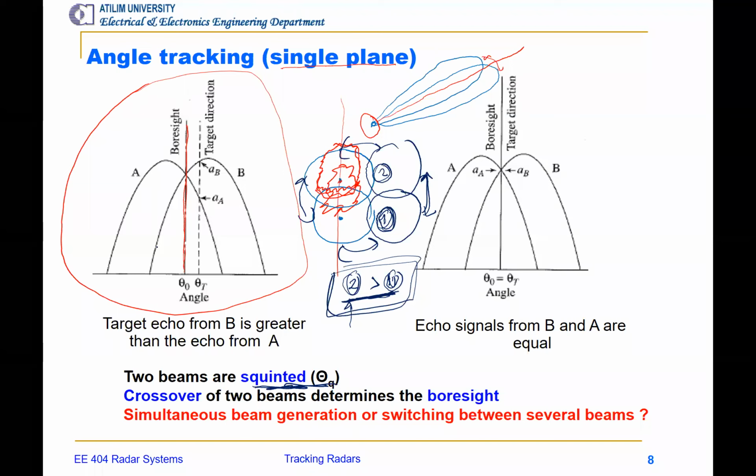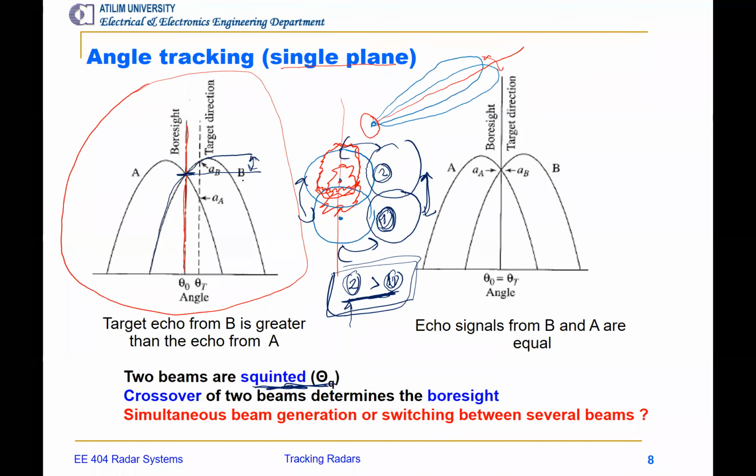Because the beams are closing to each other, so the crossover, the difference in signal power here, will be smaller if they are close to each other. They are overlapping, so the squint angle is small. When we choose a larger squint angle, then this difference will increase.